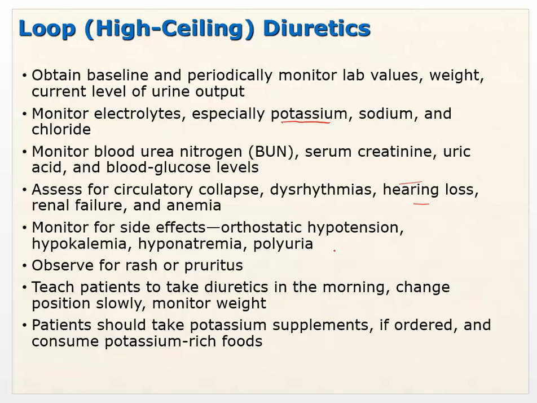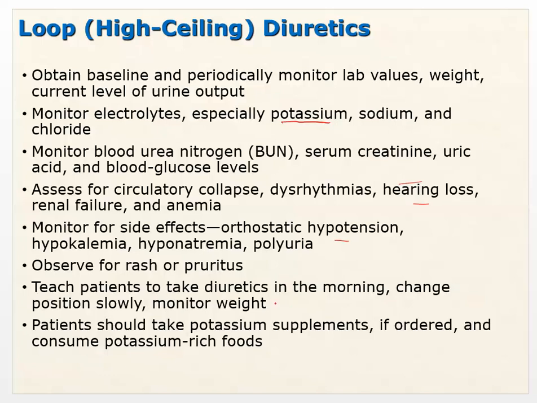Monitor for side effects: orthostatic hypotension, hypokalemia, hyponatremia, polyuria, too much urine. Observe for rash or pruritus as well, because that can always be an indication that something else is going on with the kidneys or even with the liver. Teach patients to take diuretics in the morning and change position slowly. Remember, that's that orthostatic hypotension.